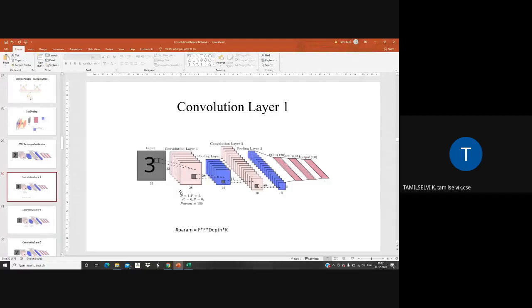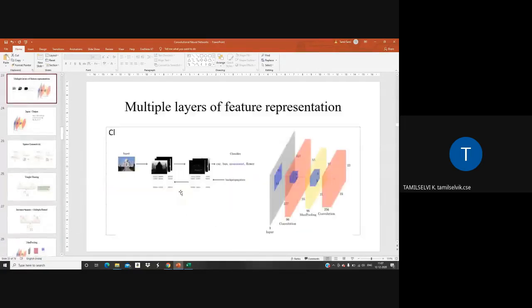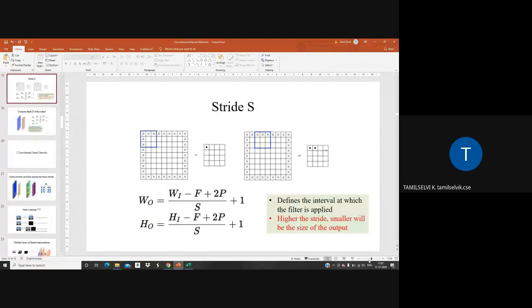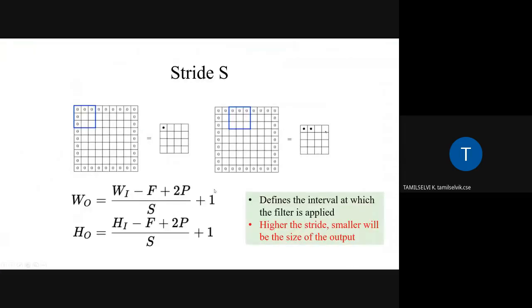I will show you an example here. See here, this is the stride. Stride defines the interval at which a filter has to be applied. If you have moved your kernel here, and now we are moving your kernel to this place, you have skipped one, right? See here, this is my pixel of interest.